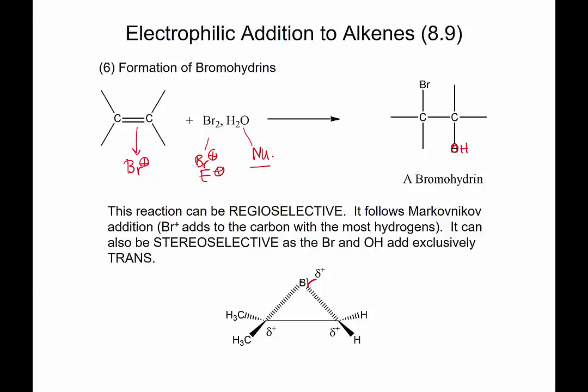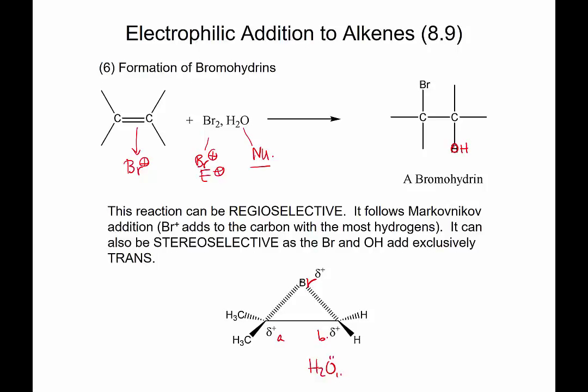But now, when I do bromine and water, the Br+ adds to the double bond, but since the solvent is water, the water's right there to add underneath. And so once I make my bromonium ion, my water's going to add.